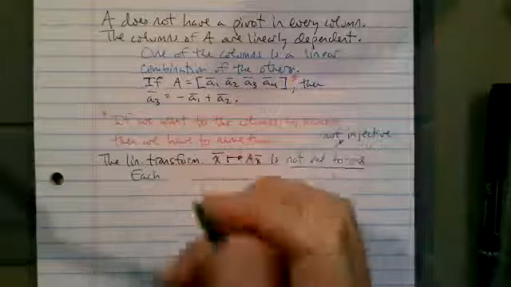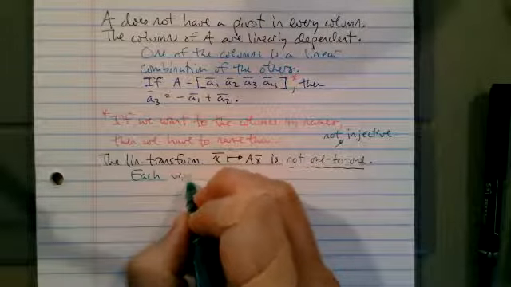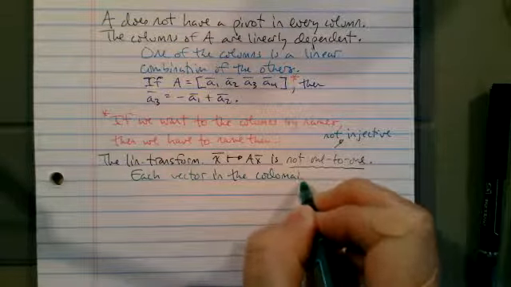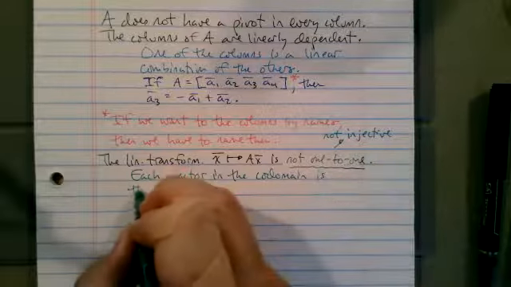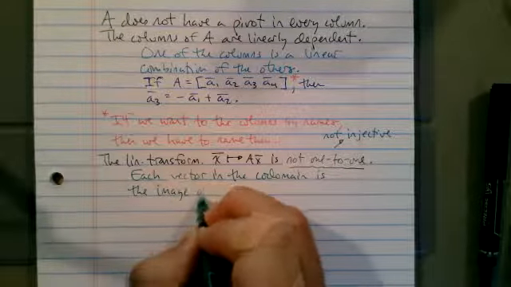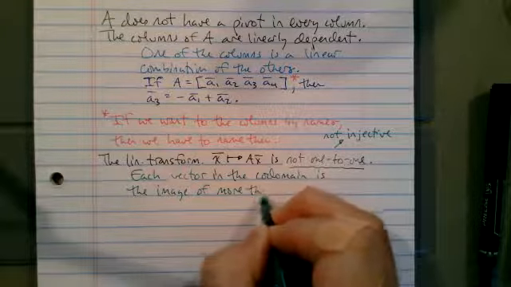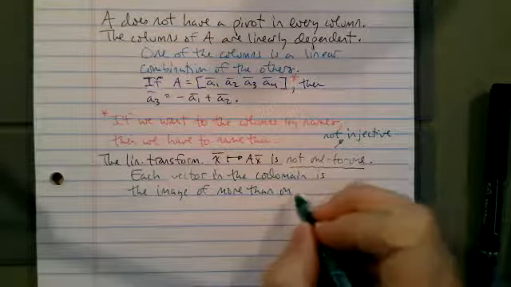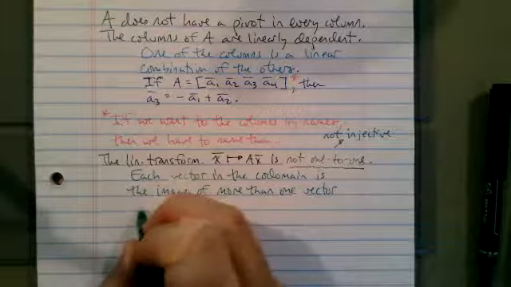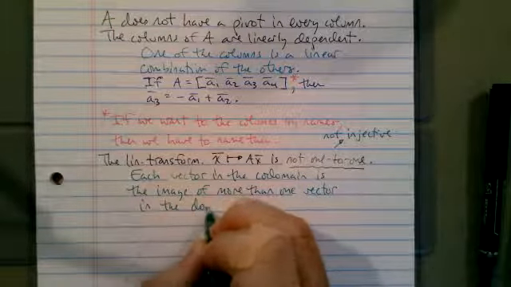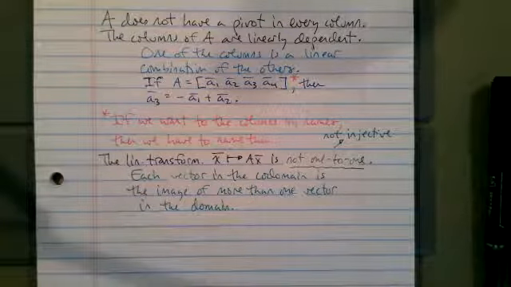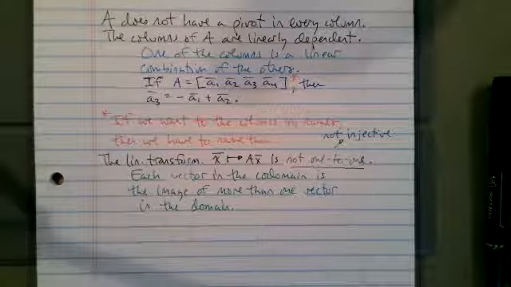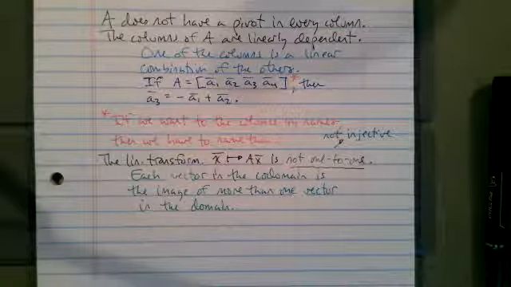I forgot the word image for a second there. Each vector in the codomain is the image of more than one vector in the domain. That is to say, T(x) can equal T(y) even if x does not equal y.